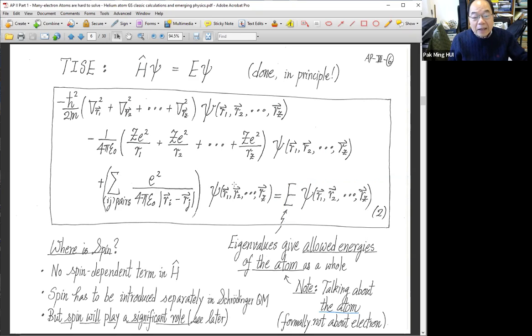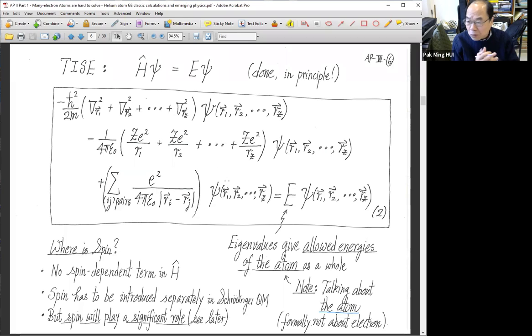Then the point is, we know the governing equation. So this box is the governing equation for any atom, from helium up to uranium, Z equals 92. Those are the atoms that we can find naturally on Earth. The periodic table is longer than that.